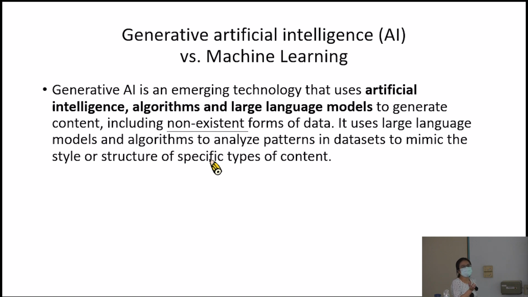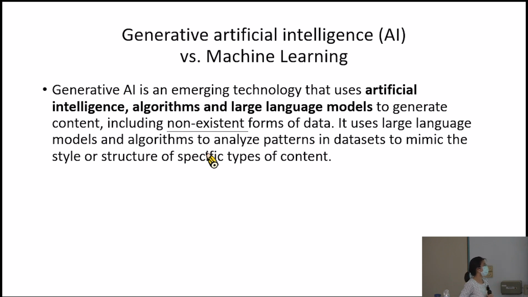Okay, so let's take a look at the definition of generative AI. Generative AI is a technique that can use artificial intelligence, algorithms, or large language models to generate content. This content can be text, video, pictures, or any other non-existent content.